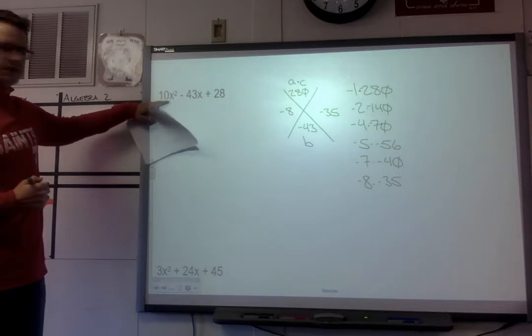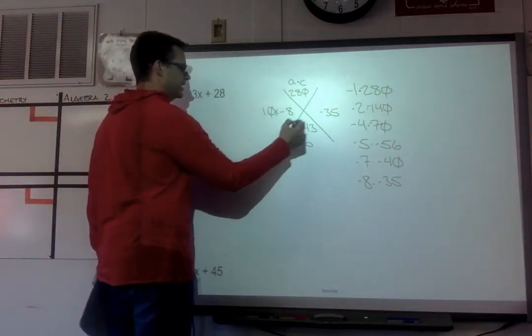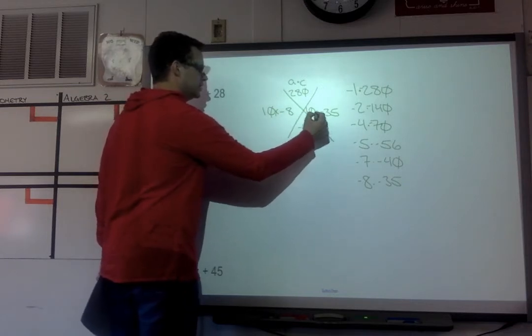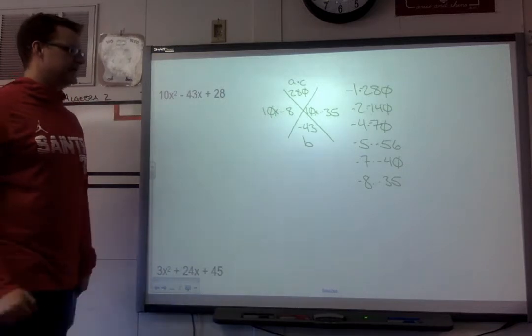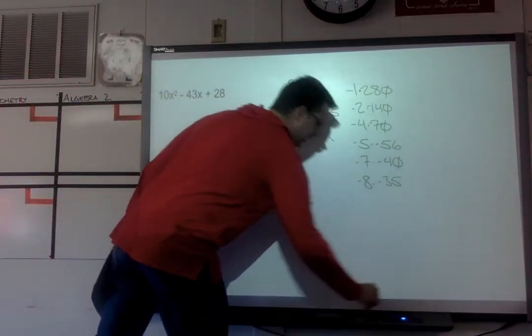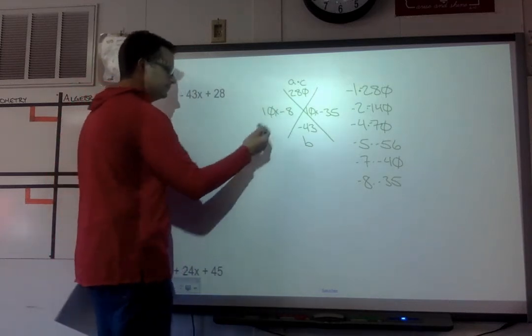Then again, I want to look at my first term, which is 10x squared. So I'm going to put a 10x in front of each of those. So I've got 10x minus 8 and 10x minus 35. Now, I need to see if I can factor these down any further.